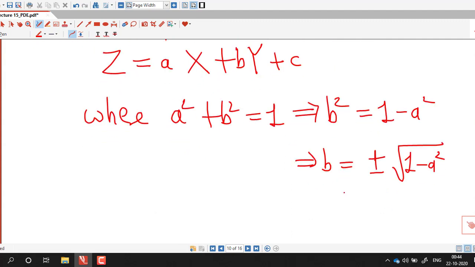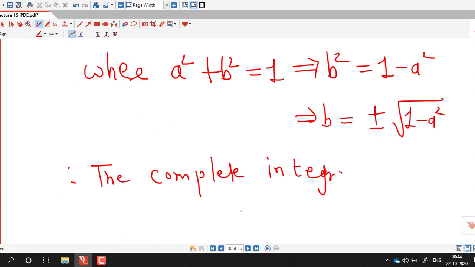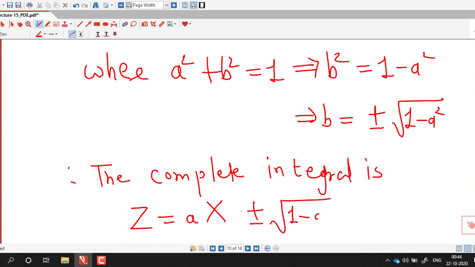So if we substitute value of b here, then the complete integral is capital Z equal to a into capital X plus or minus square root of 1 minus a square into capital Y plus c.